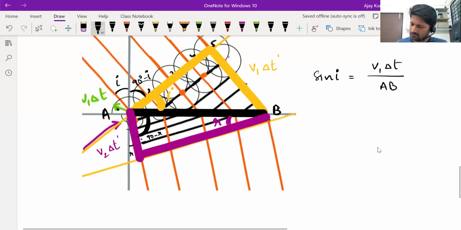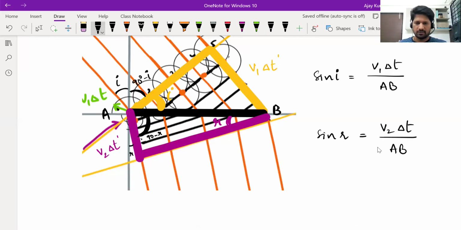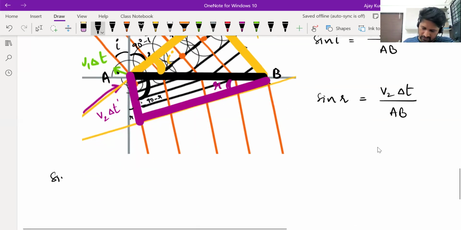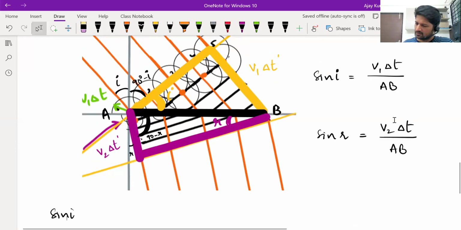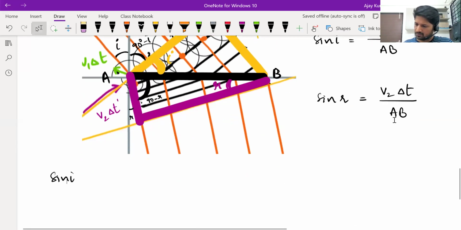In the triangle below that line, in the second medium, sine R, opposite side is V2 delta t divided by hypotenuse. Hypotenuse is AB again, common. That's all. You divide these two. You get sine I divided by sine R is equal to V1 by V2.